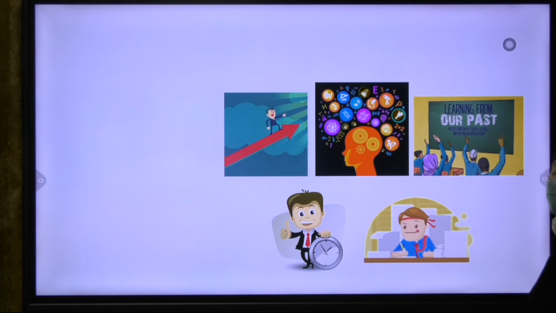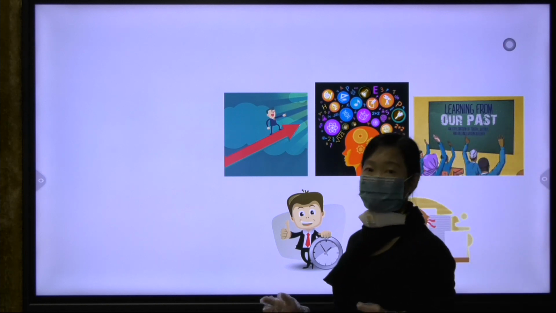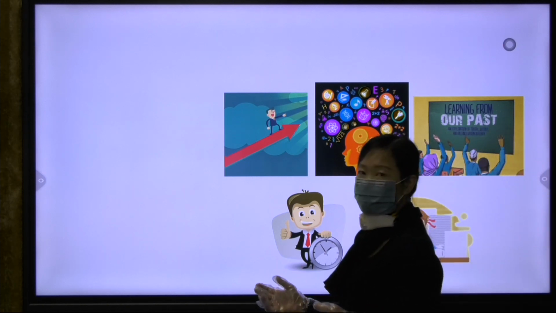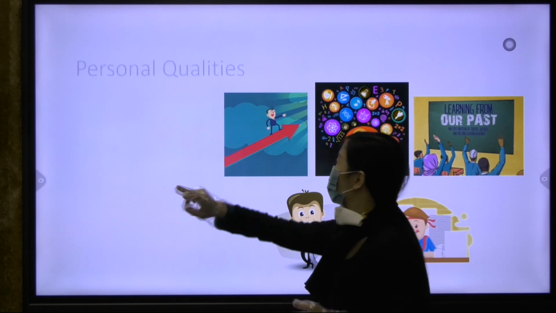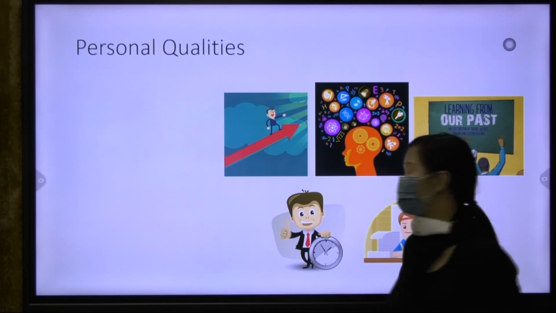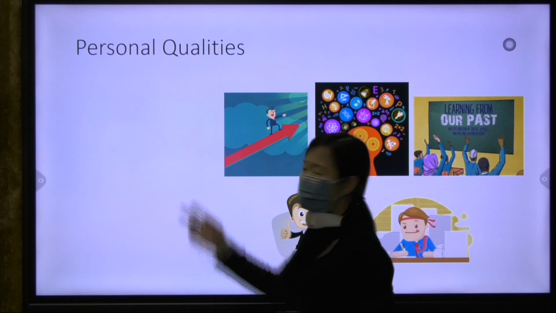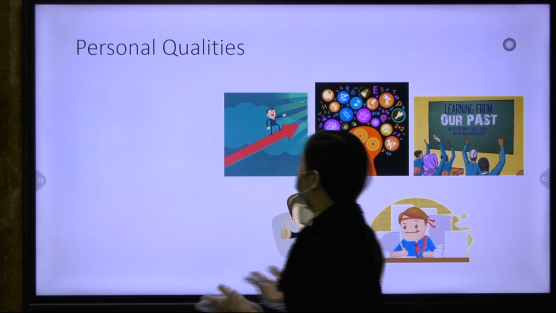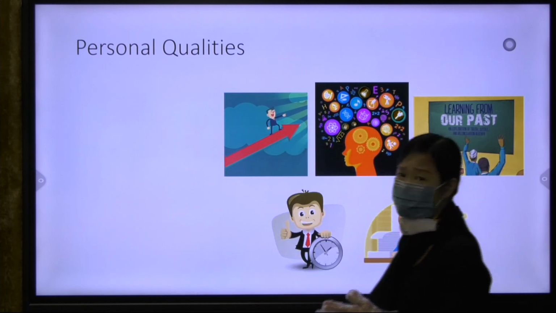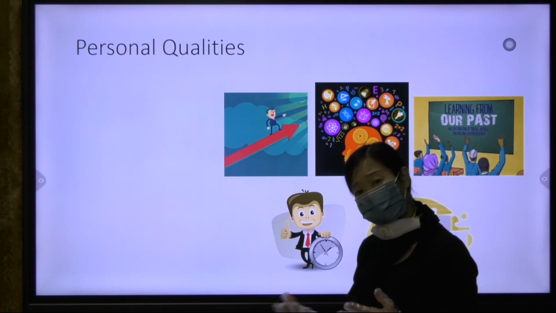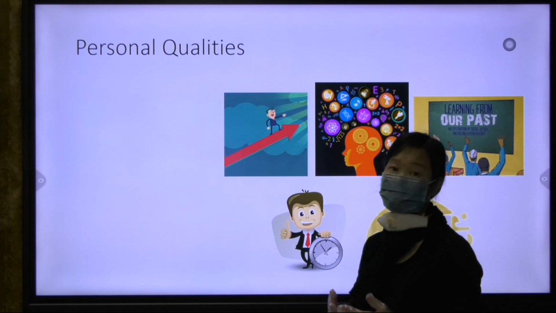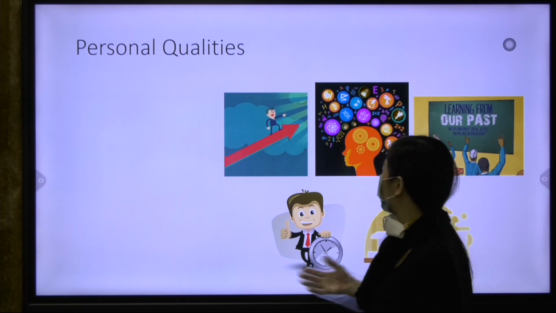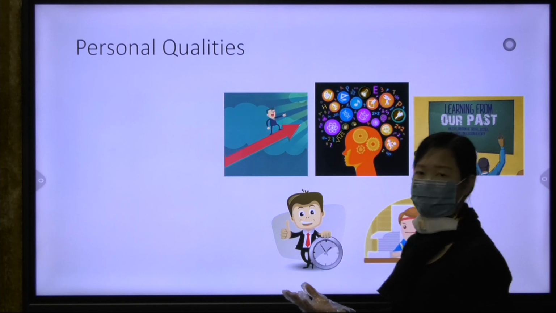And also, in the form you will see that Tommy needs to write down something about his personal qualities. Personal qualities. What kind of person is he? So every one of us has different kinds of characters or personalities. And what kind of person are we?